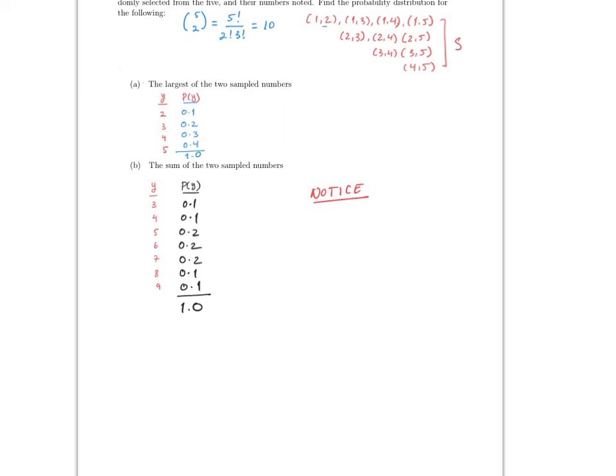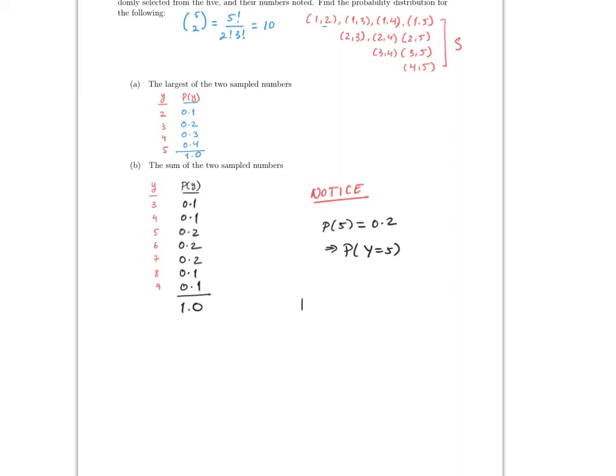If I say P(5), and this has to do with the notation, in this particular case, this is equal to 0.2. But remember, this is the same thing as the probability that the random variable is equal to 5.